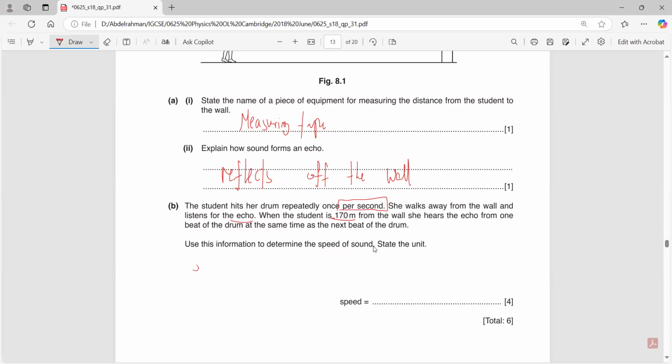Echo equals 2D, because the sound travels all the way to the wall and then comes back. 2D over T, so 2 times 170 over the time, which is 1 second. That gives 340 meters per second.